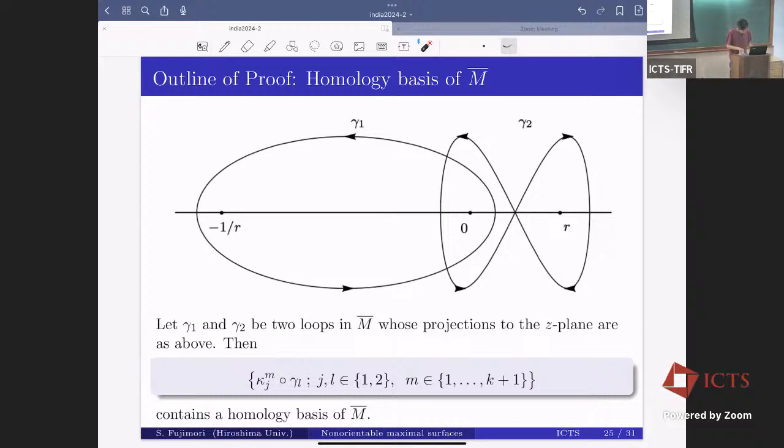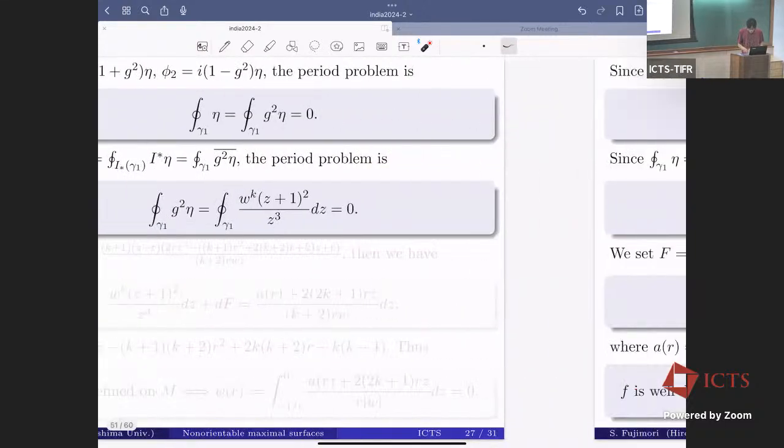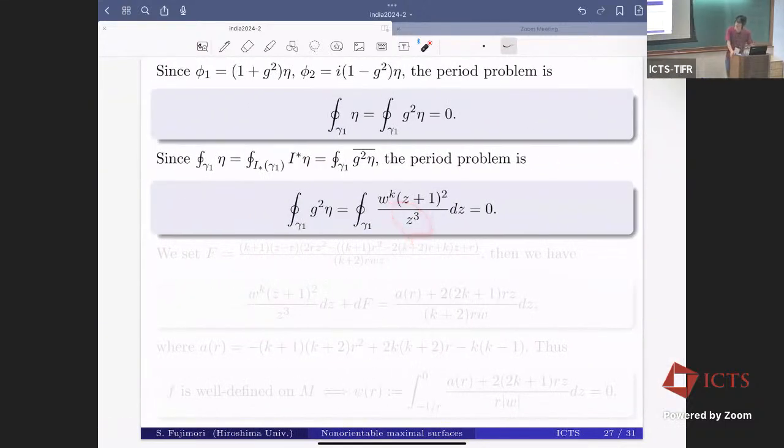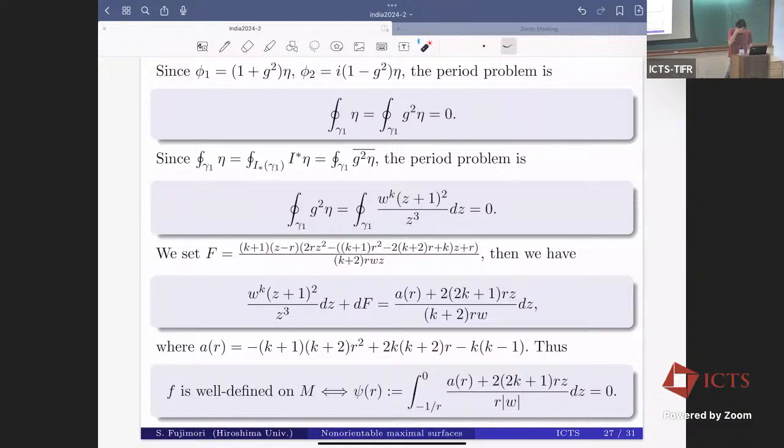But you can see from here, we have z cubed in the denominator. So it has a pole at z equal to 0. So we cannot directly collapse the path to the real line segment. But then again, we add some exact one-form.